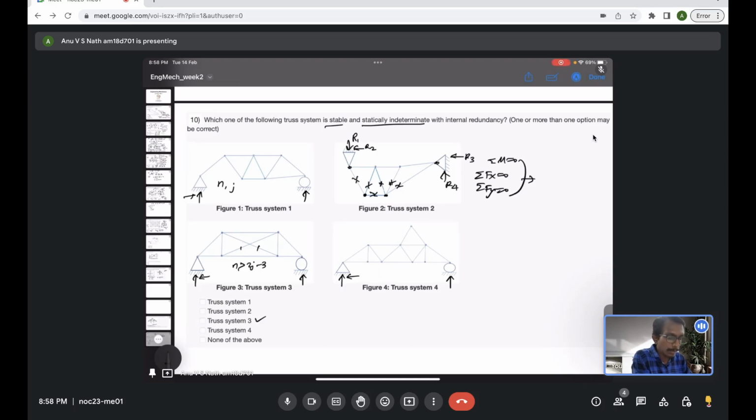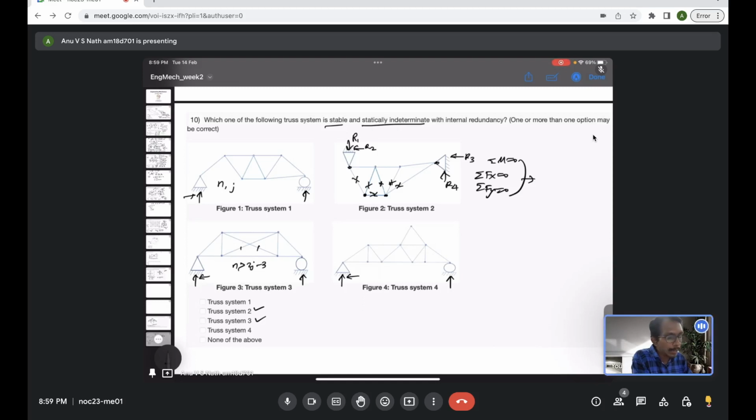So 3 is an answer, and I think 2 is also an answer. But it is stable. It's externally indeterminate. So I will ask them to reevaluate with these options. Sir, 2 is not the correct answer, sir, because internal redundancy is not present.